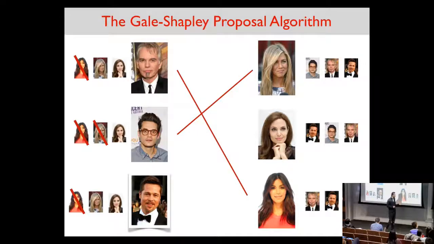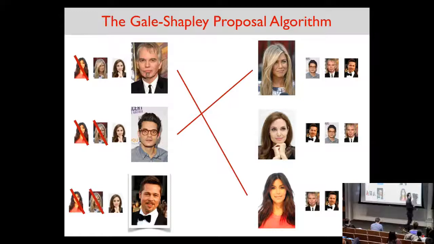So we pick him. He first proposes to Jennifer Aniston because she's the next person on his list. But up to this point, the women just accepted all the proposals. Now, for the first time, Jennifer says, you know what, I'm happy with my matching. I don't want you. So she rejects Brad Pitt, and Brad Pitt is kind of unhappy.